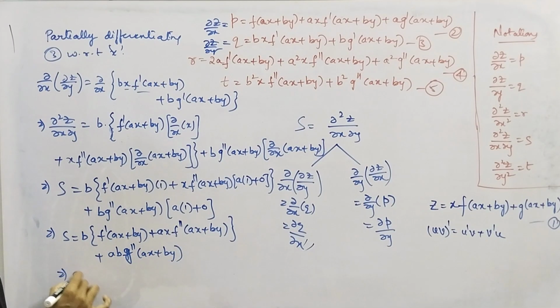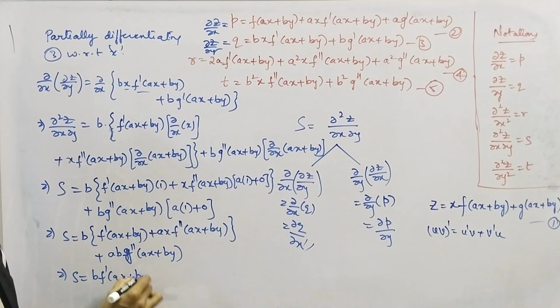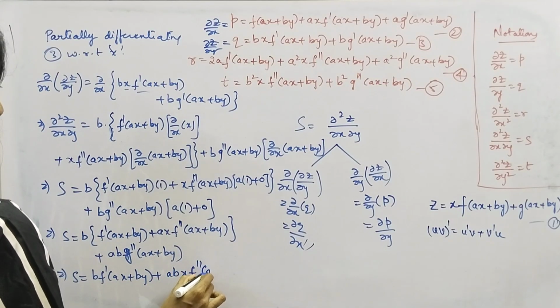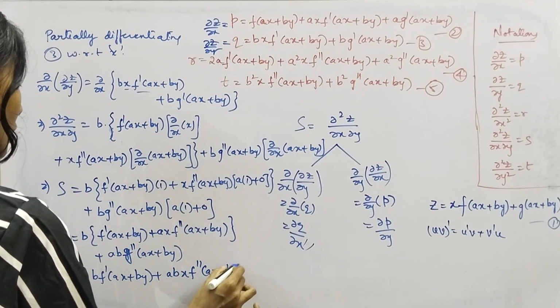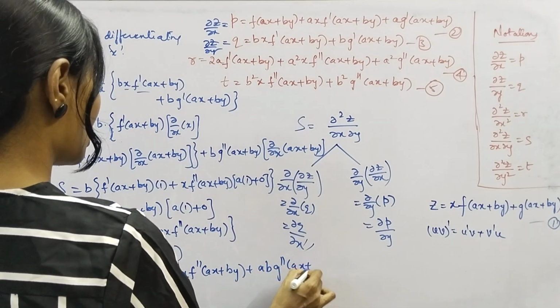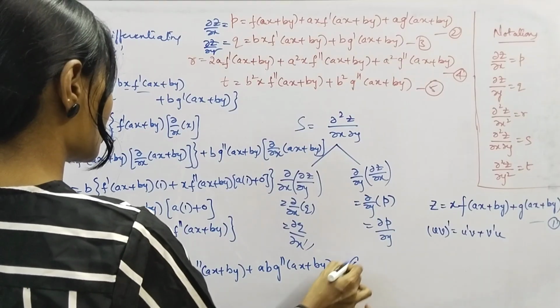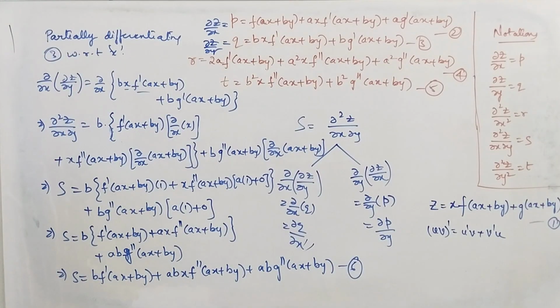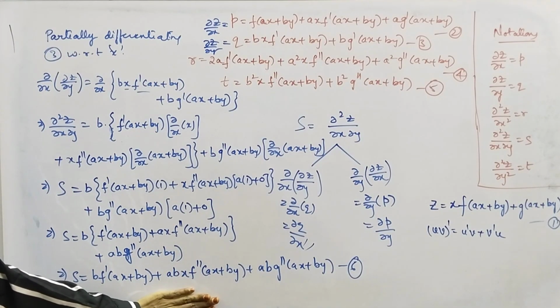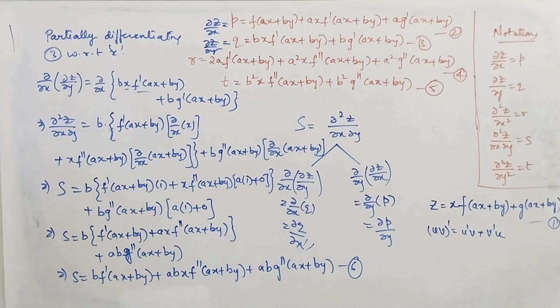Right, this gives us s equal to b into f' of (ax+by) plus abx into f'' of (ax+by) plus ab into g'' of (ax+by). Consider this as equation number 6. Now, using equation 6, we can find the value of f'. We'll see that now. Fine. Now see this equation involving s.